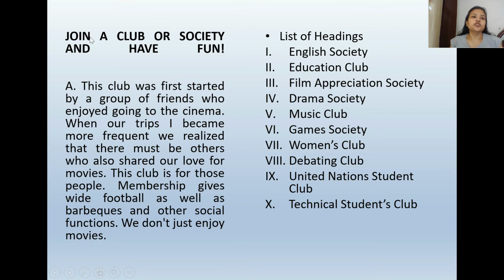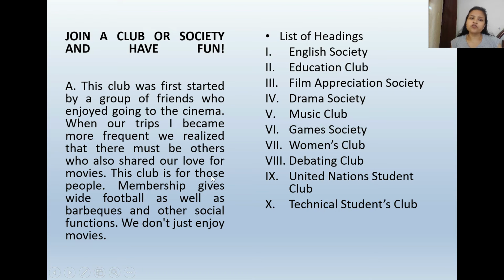First one: join a club or society and have fun. Here is a list of headings. Don't look at the list of headings first. First read the paragraph. This club was first started by a group of friends who enjoyed going to the cinema. When our trips became more frequent, we realized that there must be others who also shared our love for movies.